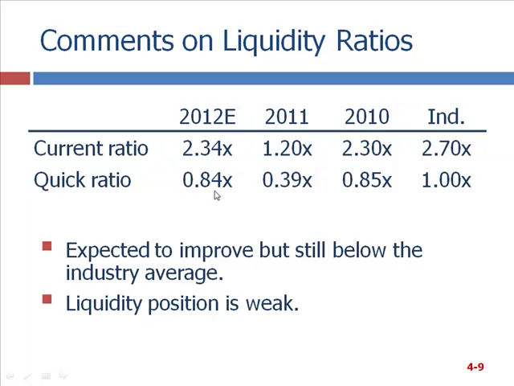So DeLeon, compared to its competitors, is a little bit more likely to have problems paying its bills in the short run. It's not certain, doesn't mean that it's going to fail. It just means that they have fewer short-term assets to draw on.